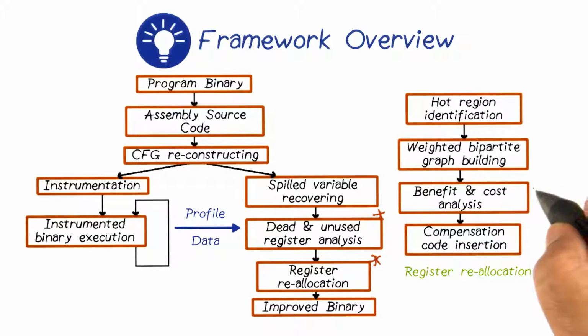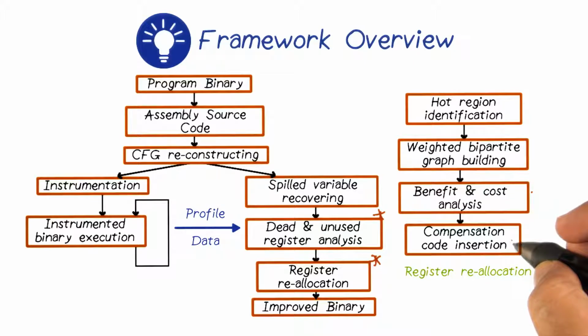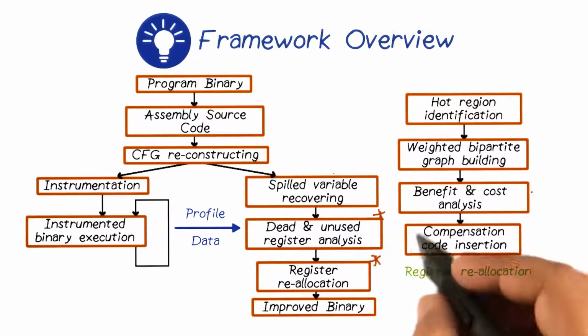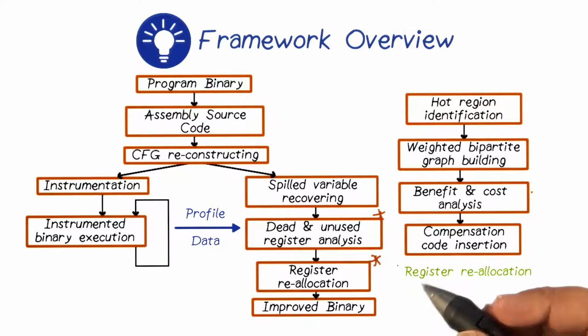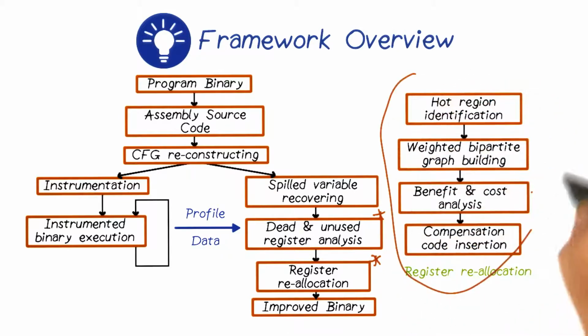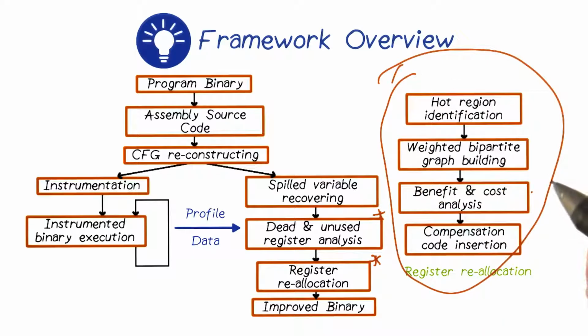We are going to do the benefit and cost analysis for this matching, and then we are going to think about how to generate the compensation code once we decide to save and restore different values in these dead and unused registers. So this is the overall framework, the heart of all the work that this particular phase does in terms of register reallocation.